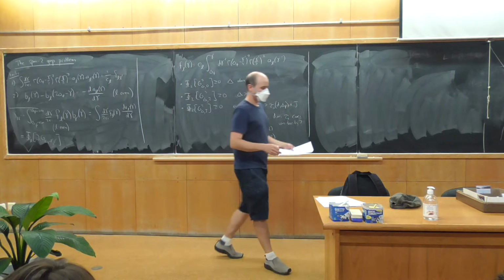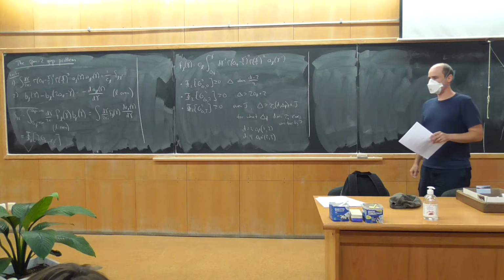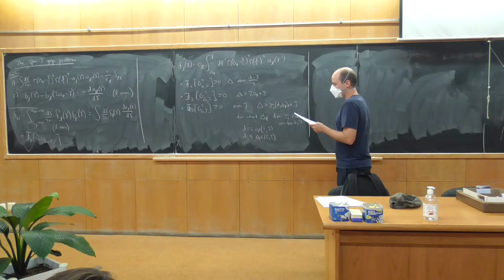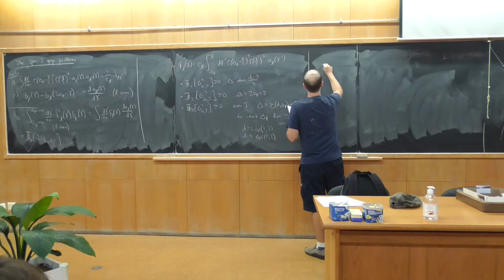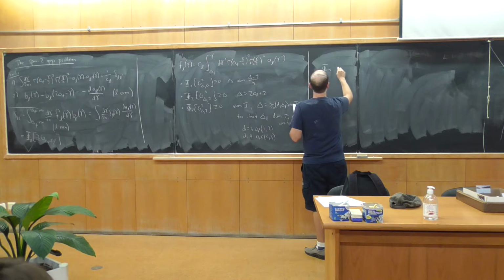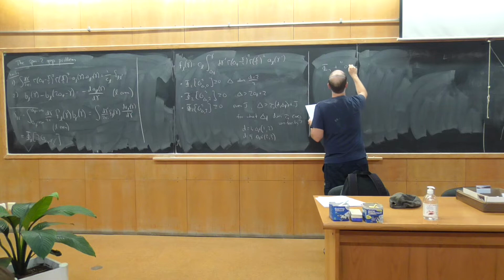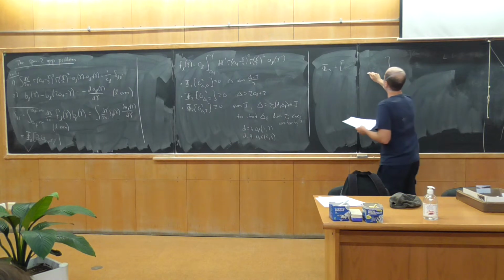Maybe. But well, let me talk about the next thing, which is ambiguities in this. The idea is that there's an ambiguity in phi 2, where we can add to it a functional that has to have the following properties.